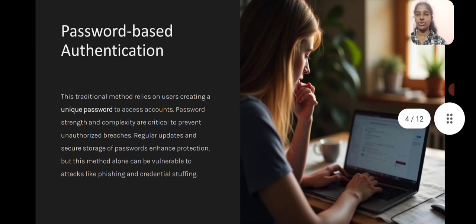First, password-based authentication. It is a traditional method which relies on users creating a unique password to access an account. Password strength and complexity are critical to prevent unauthorized breaches, and regular updates and secure storage of passwords enhance the protection. But this method alone can be vulnerable to attacks like phishing and credential stuffing.